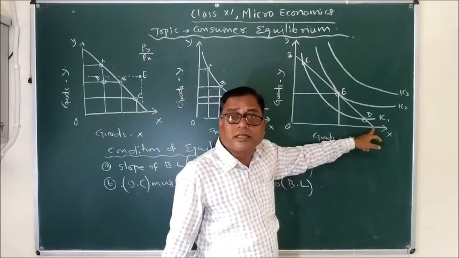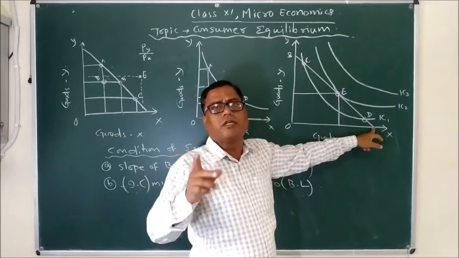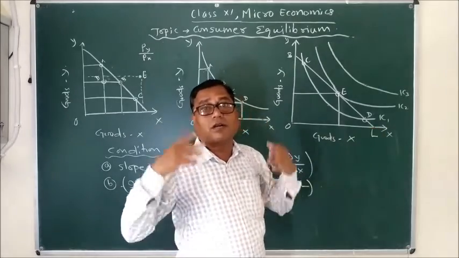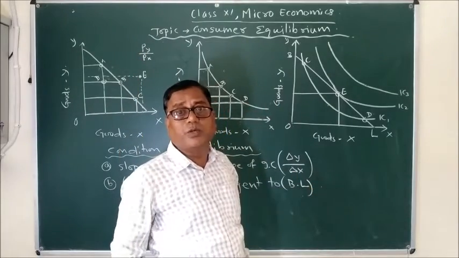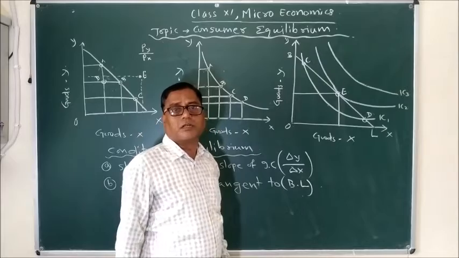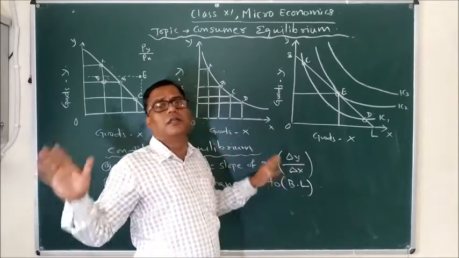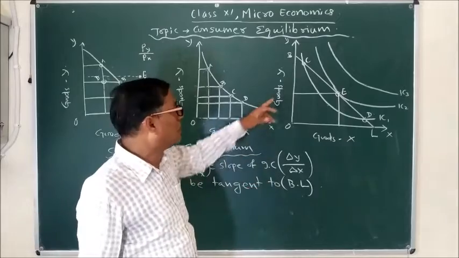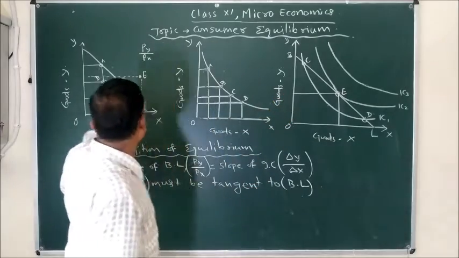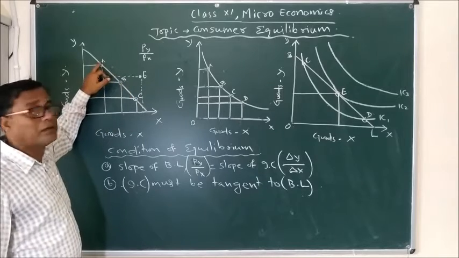And what is the budget line? The budget line shows us the different combinations of X and Y that our consumer can purchase with his possession of money. That means with his purchasing power, when he is spending all his money on the purchase of X and Y. So come to the first point here, that A, B, C, these three points lie on the budget line.